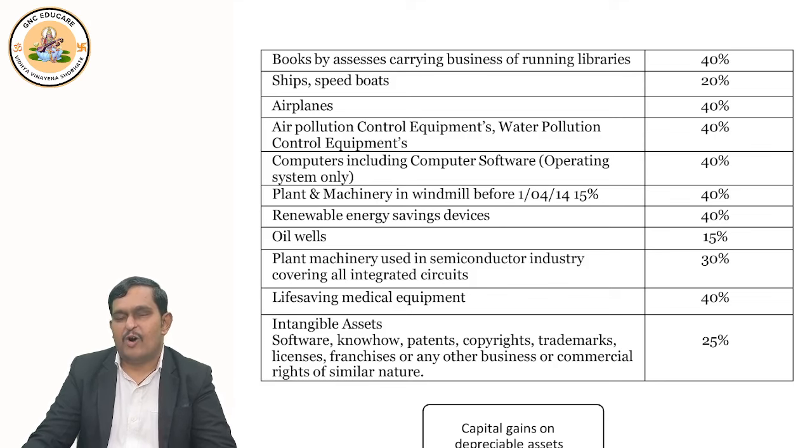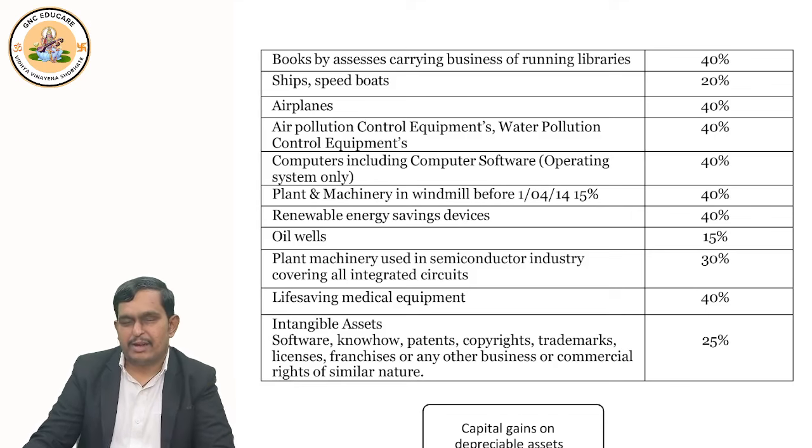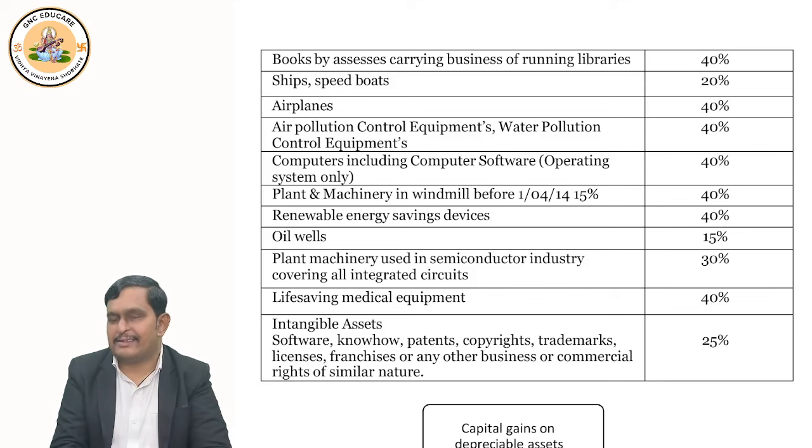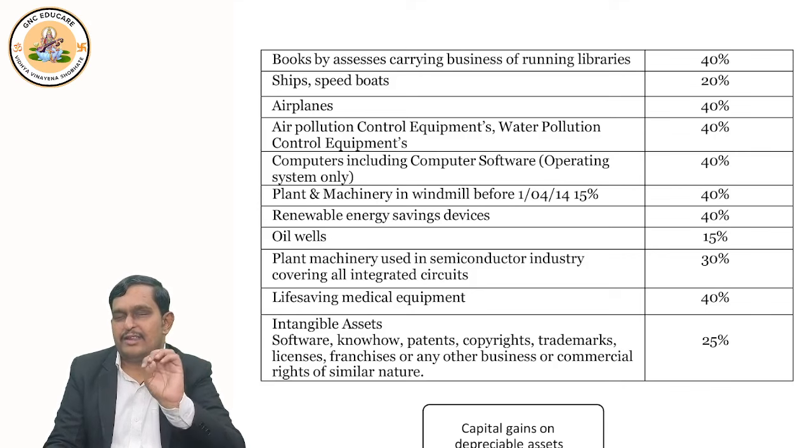This way all plant and machineries we covered. Now as a student, how will you remember? There are 10 items for which only 40% rate is there. Like I said, 4 items are books only: books for professional, books for businessmen, books for annual publications, and books for libraries. 40%, simple.